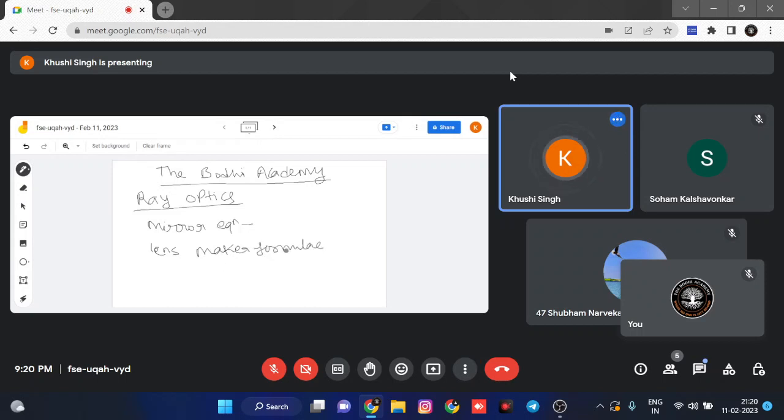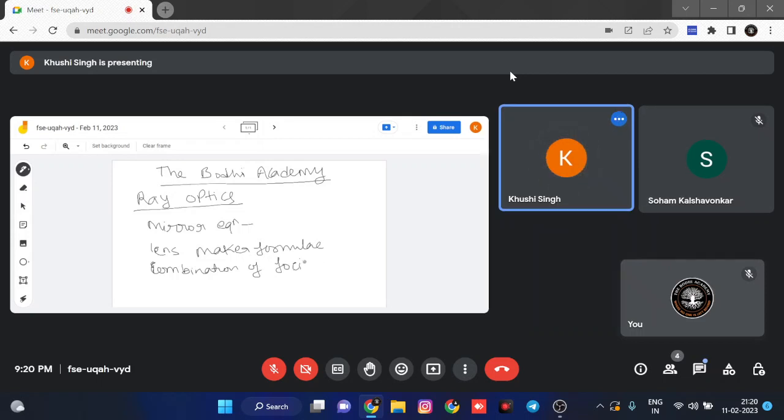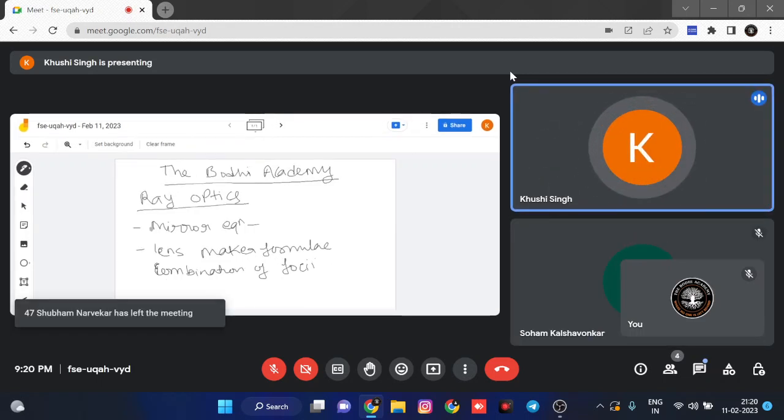Next, what we have? Next we have focus, or I'll say combination of lenses. Next, what else we have?